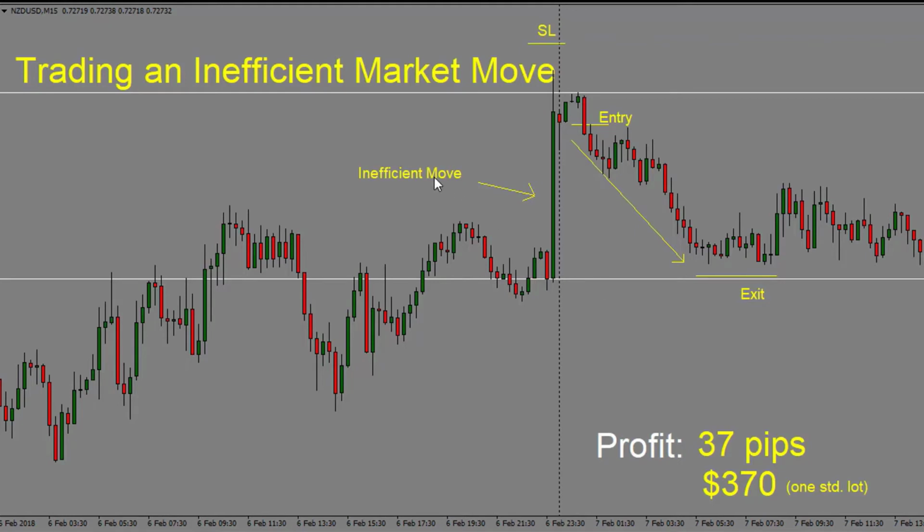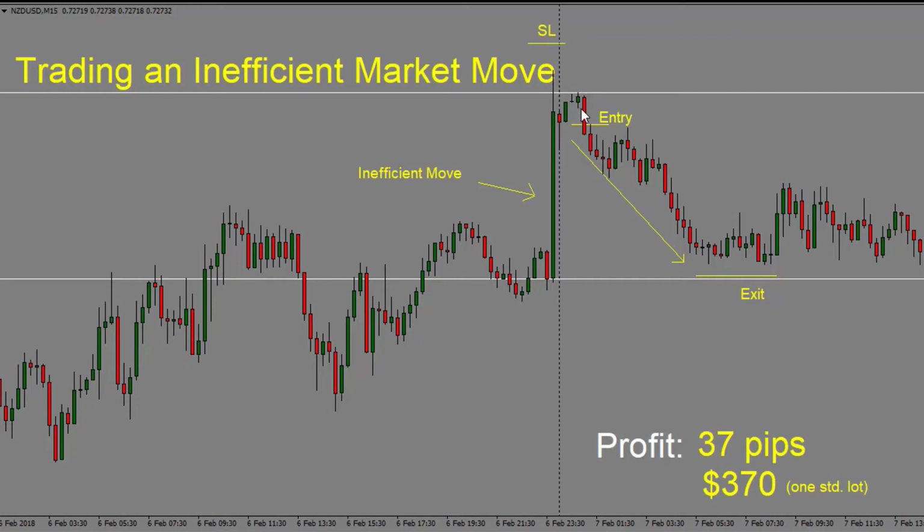So just to recap here, an inefficient market move is when price moves suddenly and there's an explosive move in one direction. We're looking for the price to come back and fill this inefficiency. So we are looking for a move in the opposite direction. We need to see a solid candle close in the opposite direction and we want to make sure the high is not broken.